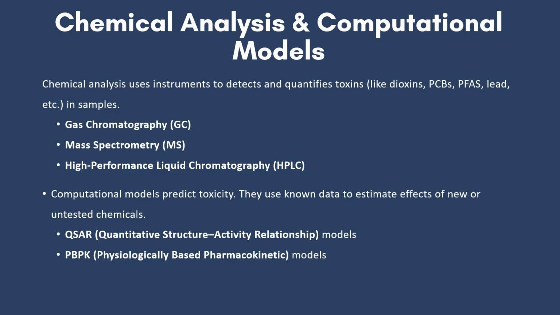You're not going to be expected to know what these are, but if you're interested in learning more about this topic, you can definitely look up more information on your own. And if you do plan on going into toxicology, you probably will be working a lot with these. So if you can get the opportunity to work with some of these methods earlier on, it would be a great thing to put on your resume.